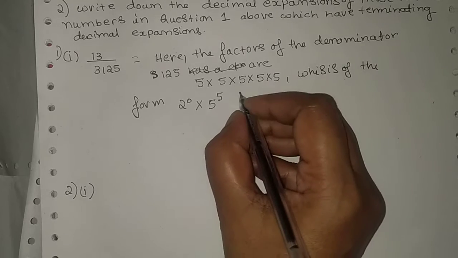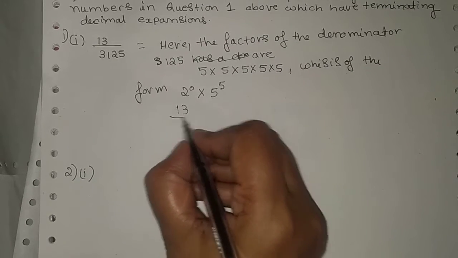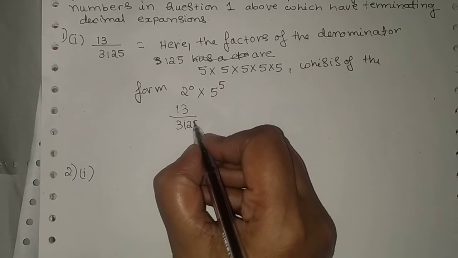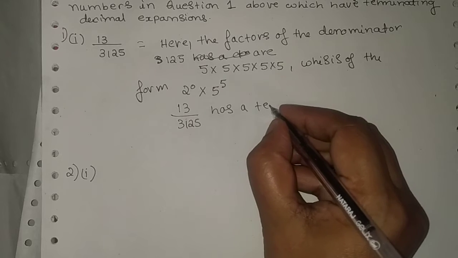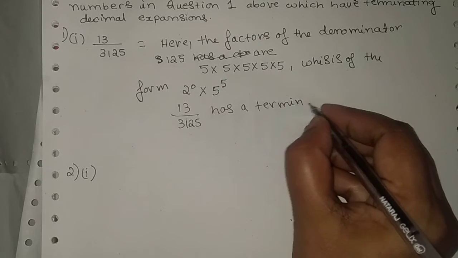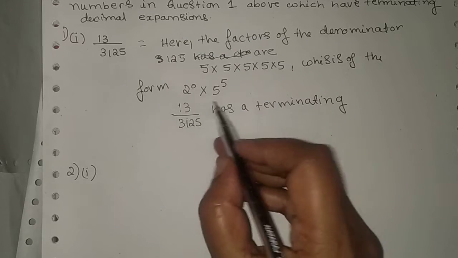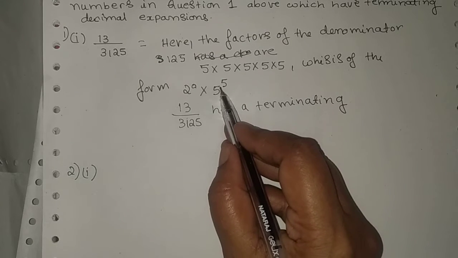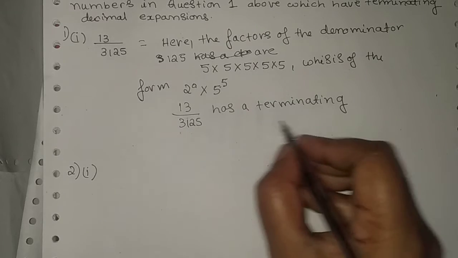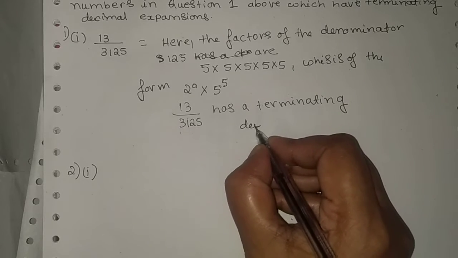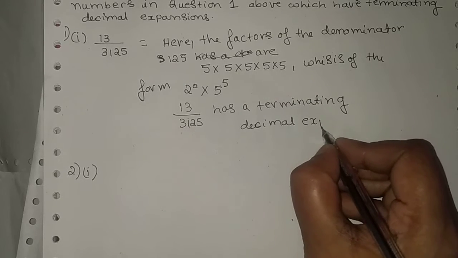Next we have to write that 13 by 3125 has a terminating decimal expansion, because only powers of 2 and 5 are there in the denominator.